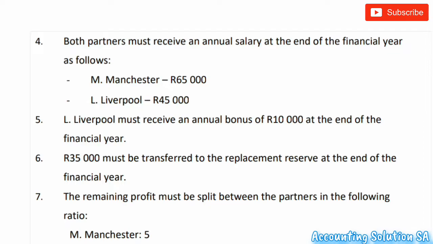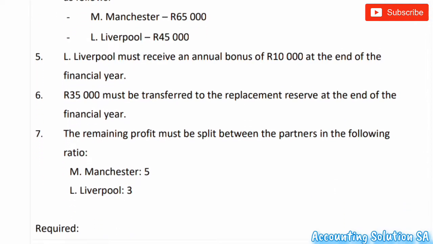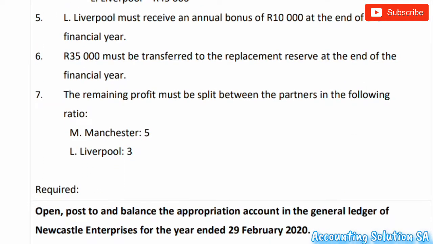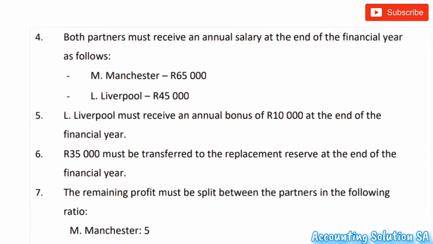Remember, if there is any crisis that can happen in the business, they can use the 35,000 as a backup. Then they said number 7, the remaining profit must be split between partners in the following ratio. Manchester is going to earn 5, Liverpool 3, which means that the total is 8.